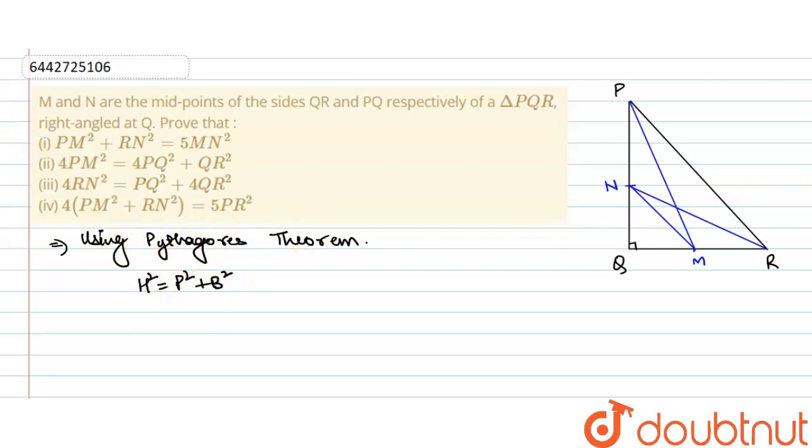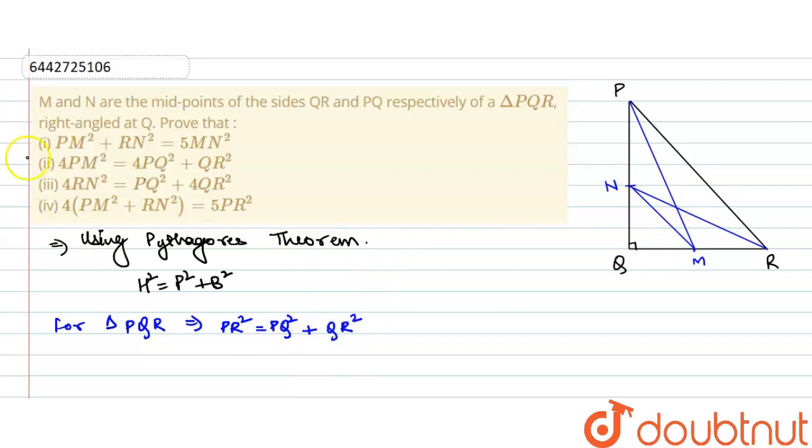So using this we will derive some formulas for each of the triangles. For triangle PQR, we will have PR square, because PR is the hypotenuse, and PQ perpendicular, QR base, will be equal to PQ square plus QR square.